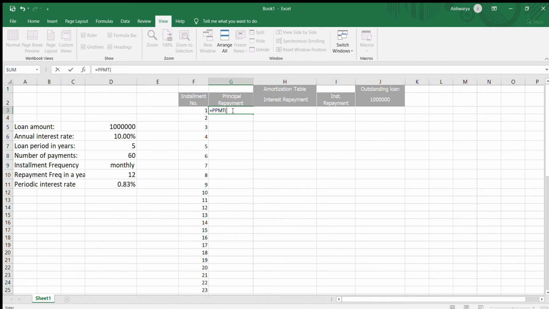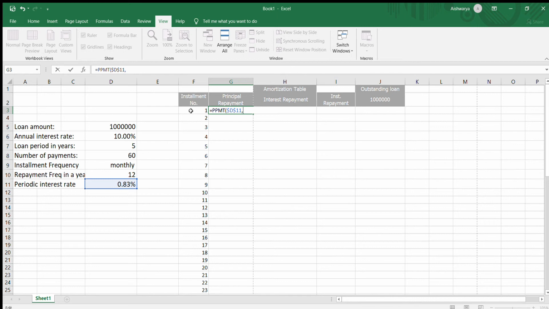Now we are going to add the rate, so the periodic rate is 0.83%. Now we can freeze this column. Freezing is very important for this calculation of the amortization table.